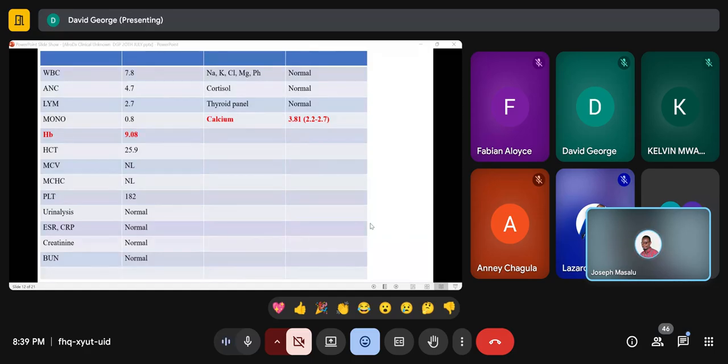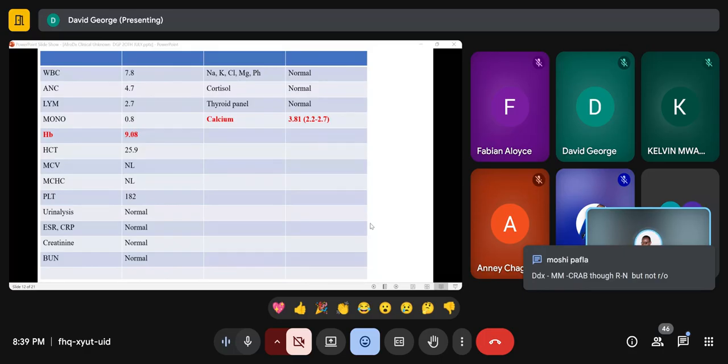Another principle of anemia of chronic illness is that it is usually mild. It's never moderate or severe. Sometimes patients have both. They have a chronic illness, they're not eating well, they have an iron deficiency anemia and anemia of chronic illness. They'll go into the mild to moderate category.